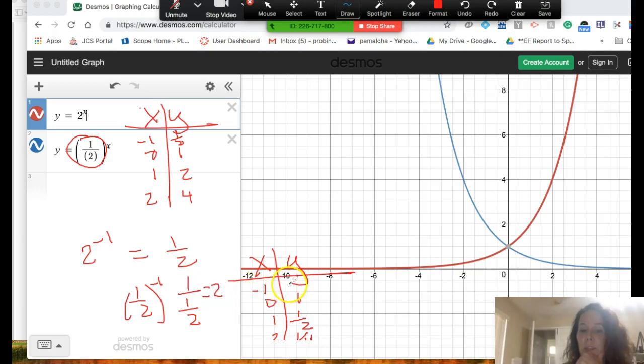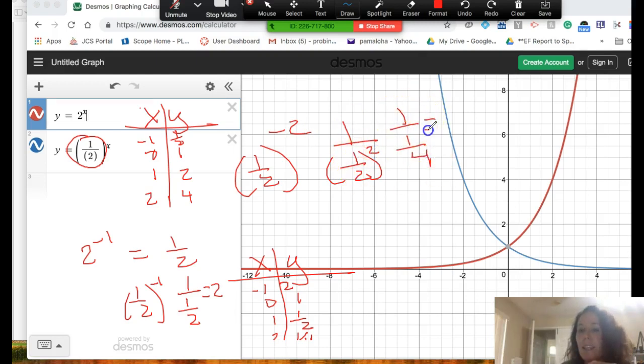So when I plug in a negative power, I actually get a bigger number. If I take this to the negative 2 power, try it. 1/2 to the negative 2 power is 1 over 1/2 squared. Well, 1/2 squared is 1/4. And then I have to flip the fraction and I get 4. So the negative powers actually make it bigger.